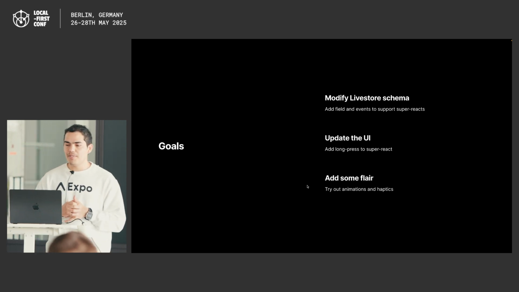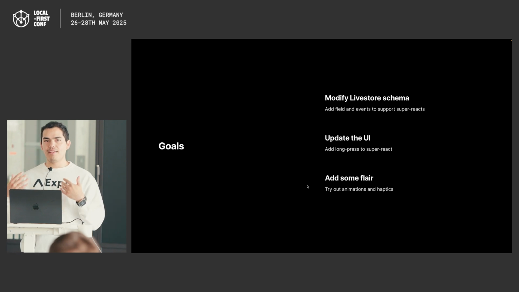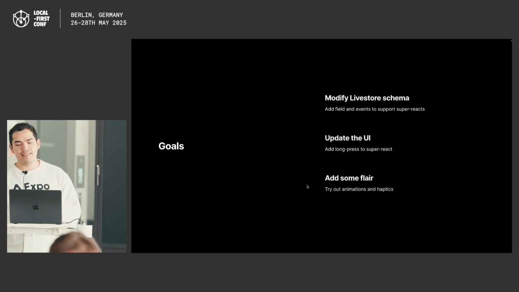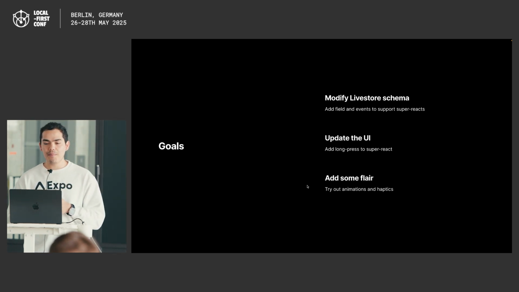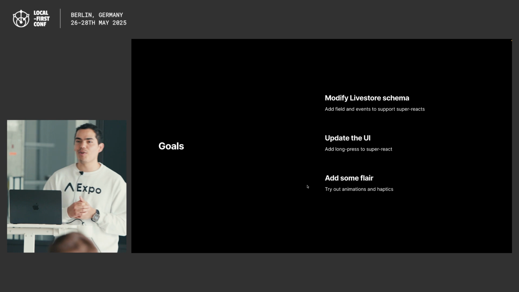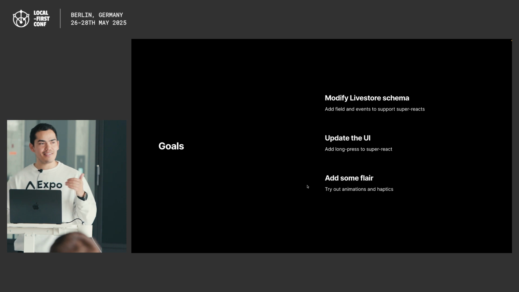Then we are going to update the UI by adding a new event when you long press on the reaction. And then finally, we're going to call the particles to show them when you do the long press. And we can also add some haptics. You can find more instructions in the lesson 2 markdown. And we can do that together.